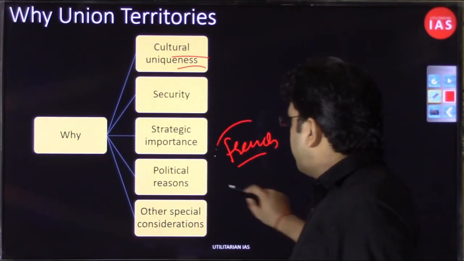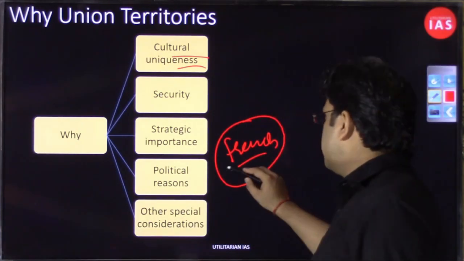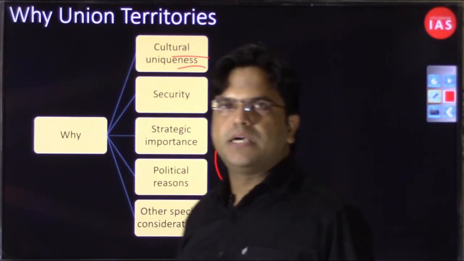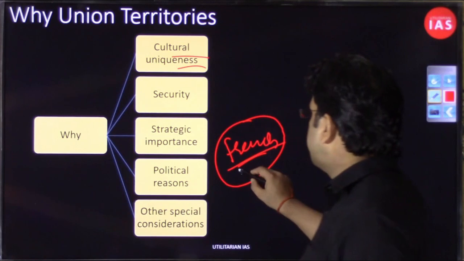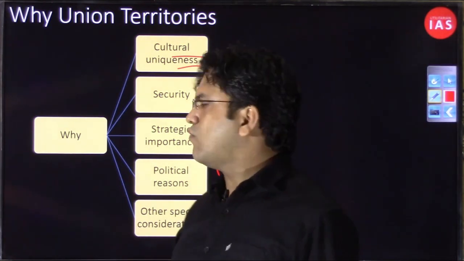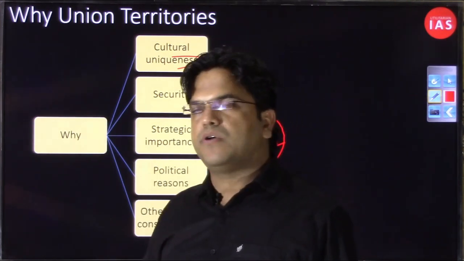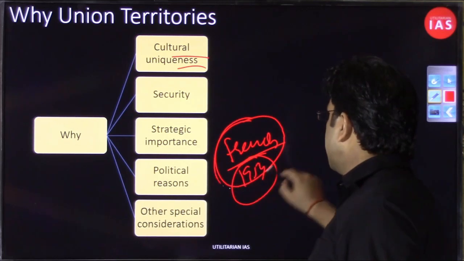We got only the British portions from Britain in 1947. This Puducherry region was part of France until 1954, and it was only in 1954 that we acquired it. So Puducherry has a huge amount of traces of the French population.